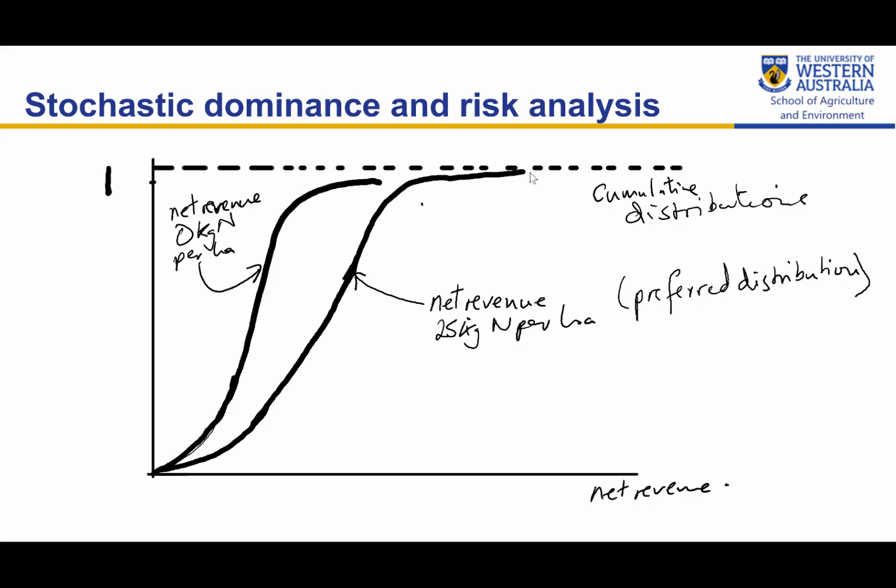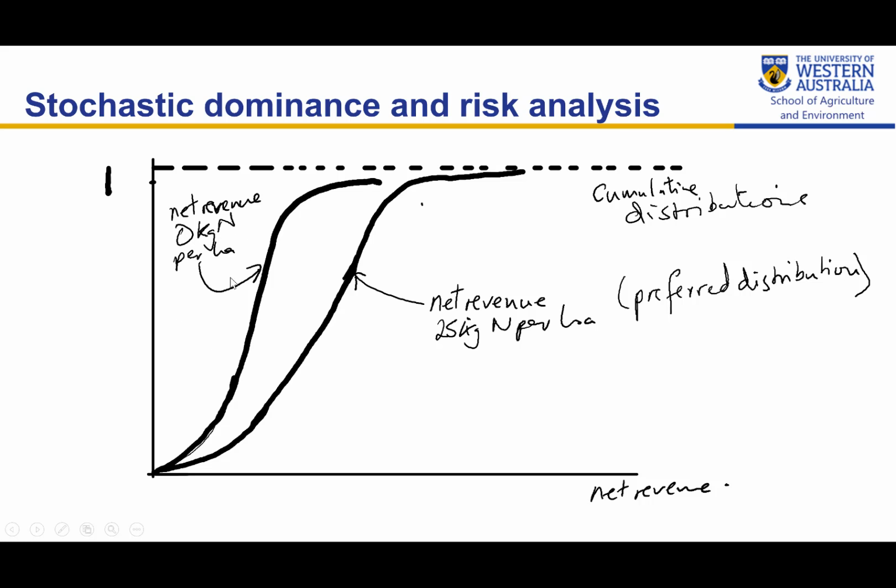So how do we interpret this? Well, stochastic dominance is quite a useful way of comparing distributions of returns, or in this case net revenue. So here we're just taking the price of nitrogen off.